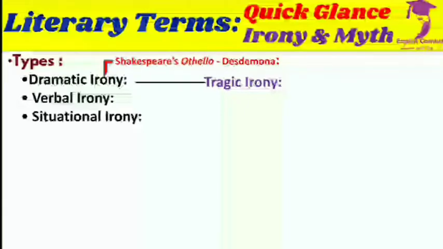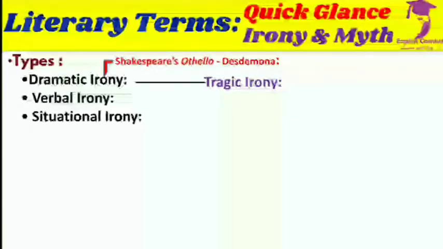Now, when we look towards the second type, that is verbal irony. Friends, verbal irony takes place when the speaker says something in sharp contrast to his or her actual meaning. The speaker often makes a statement that seems very direct yet indicates that the opposite is in fact true, or what the speaker really means.